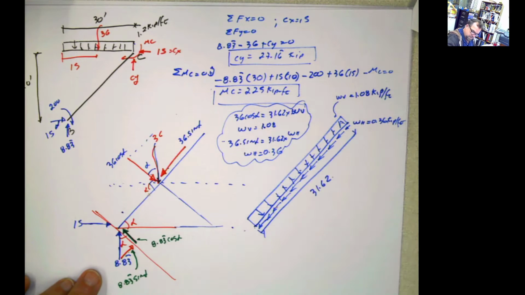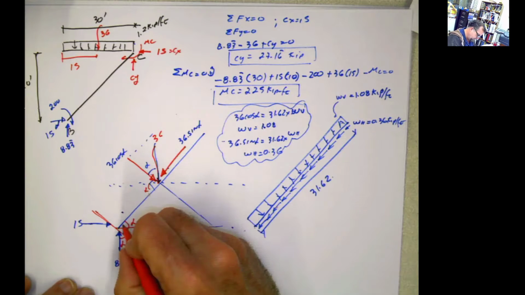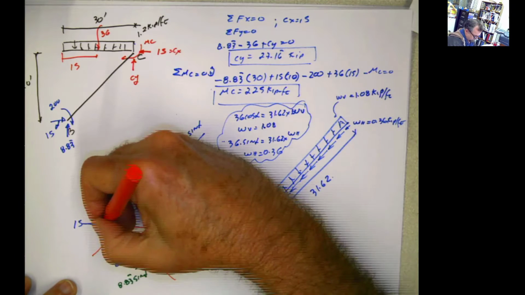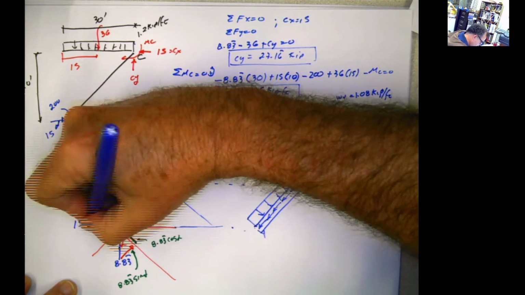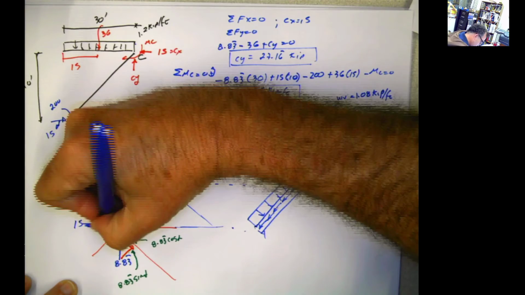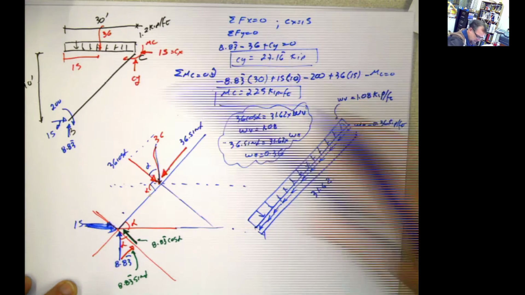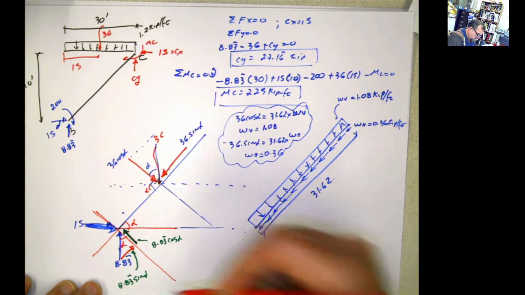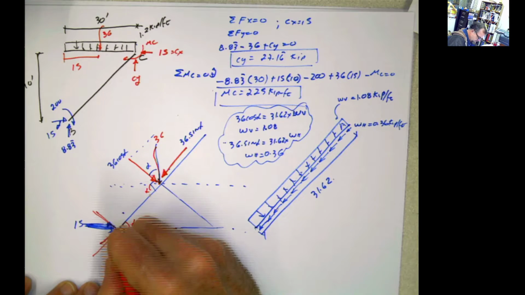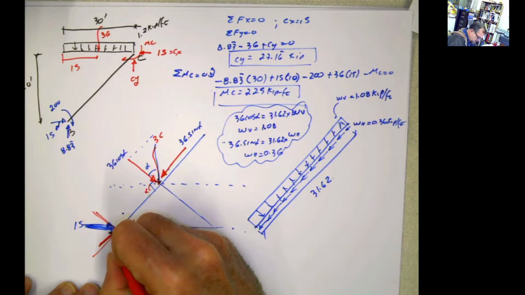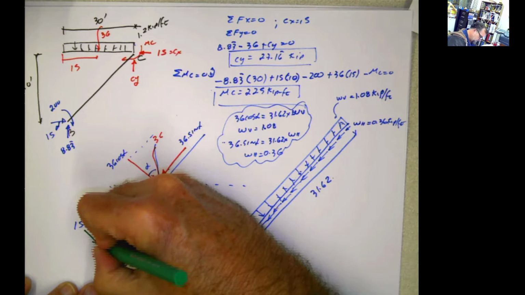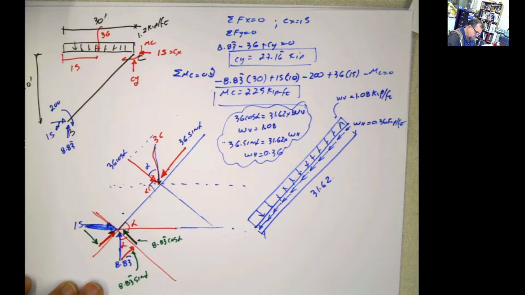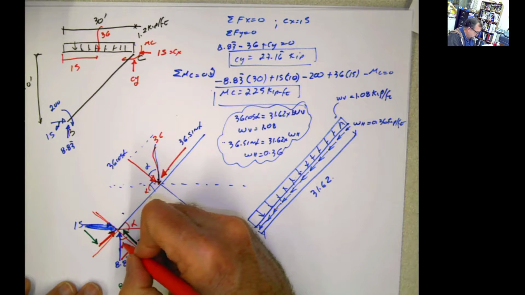Now if we go to this other one here, the 15 load, we can do the same thing. Actually that should be acting here like that. So then we do the same thing. Those are going to be the two components. This angle is alpha.